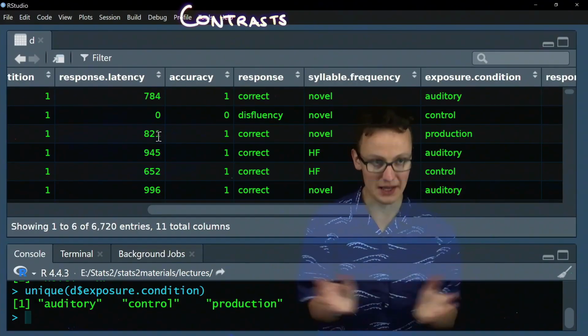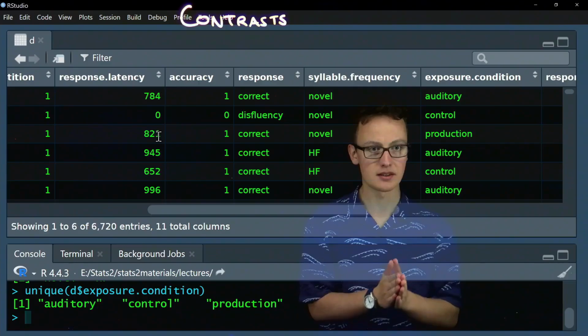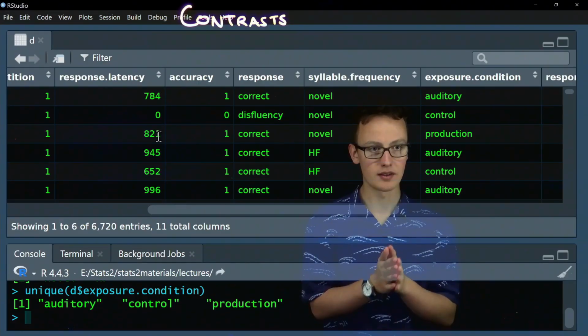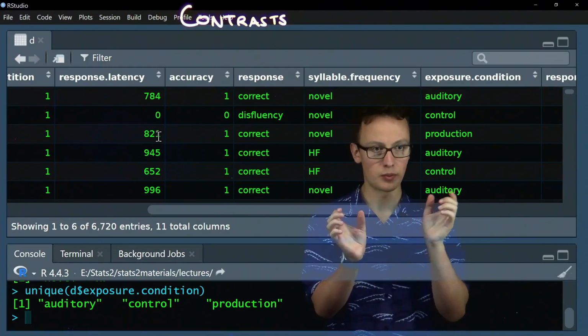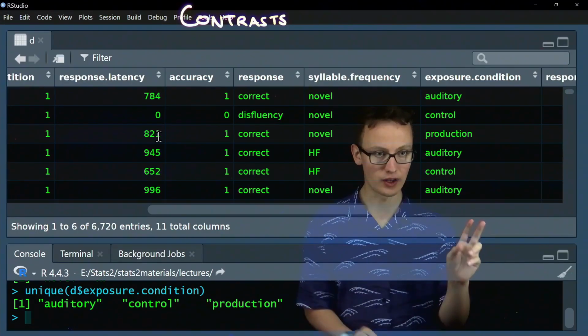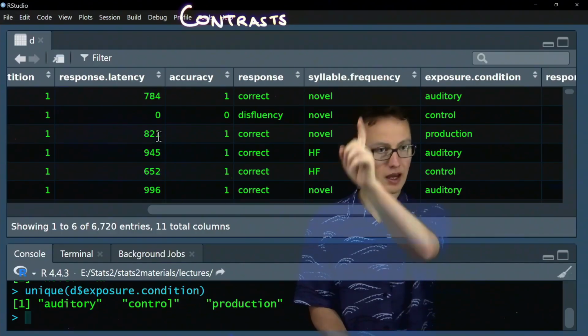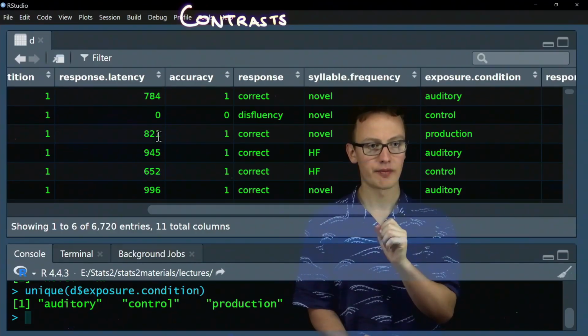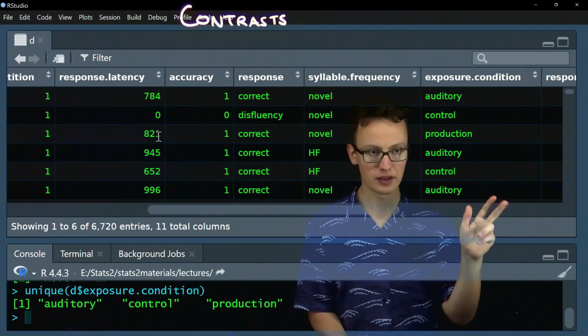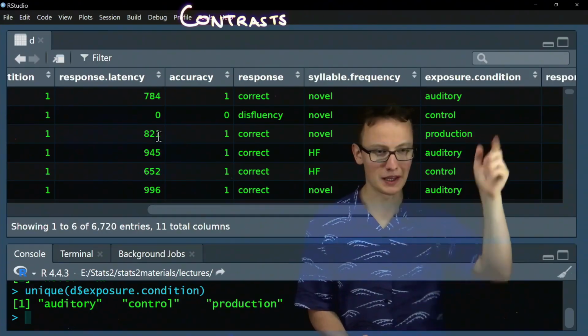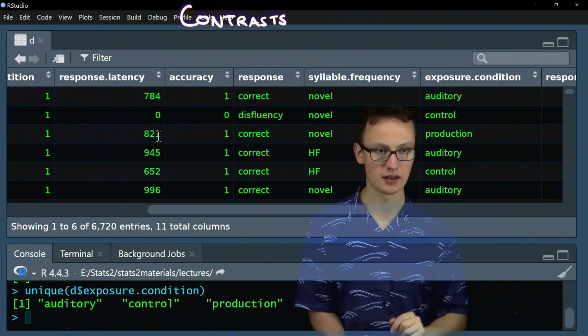So basically what we are interested in here is looking at these two categorical predictor variables, one being a two-level factor, the syllable type, aka syllable frequency, and the other being a three-level categorical factor, the training type, aka exposure condition as it's called in the dataset.